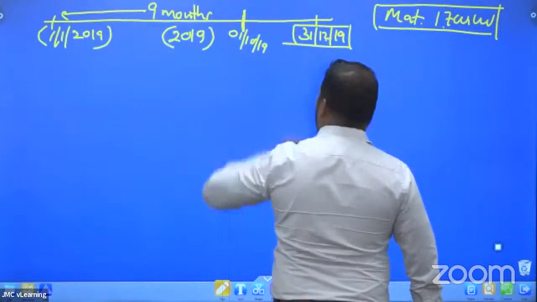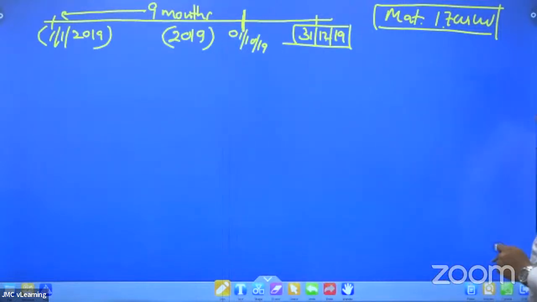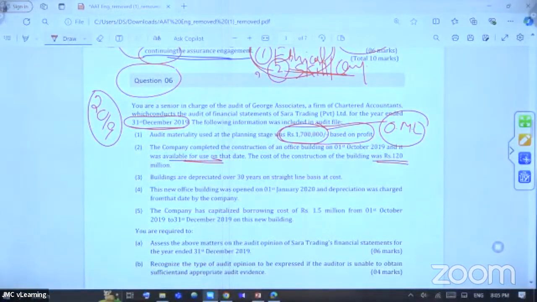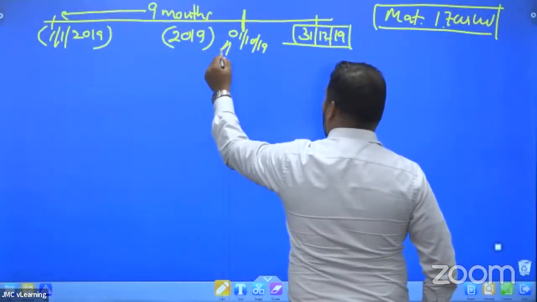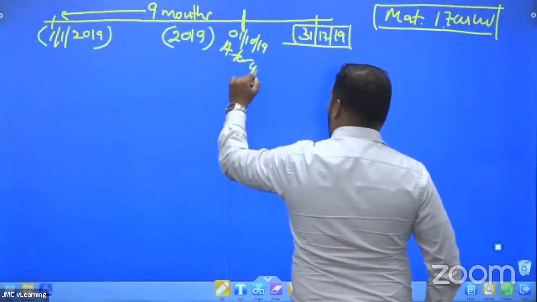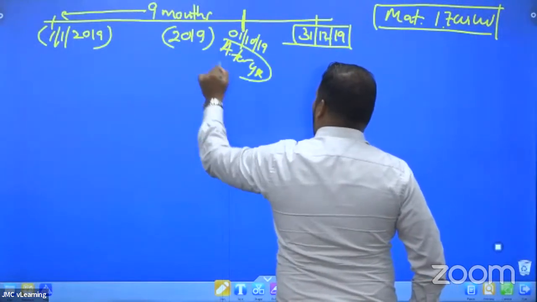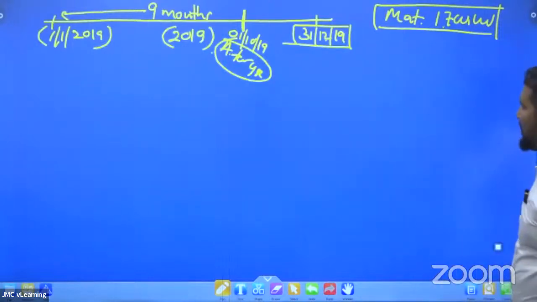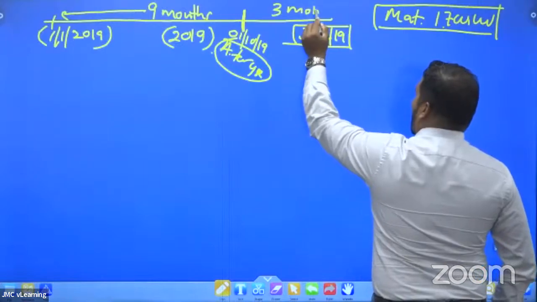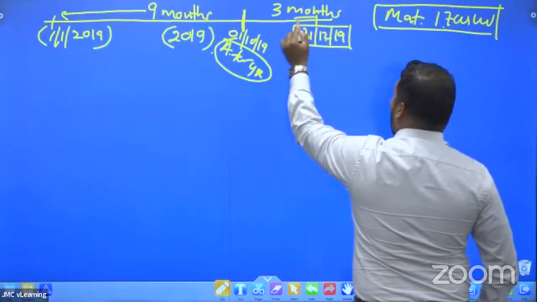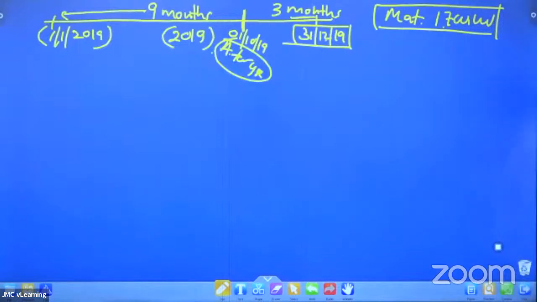They have completed the construction on 1st of October 2019, and that asset is available for use. What does that mean? It is available for use from 1st of October onwards. So in that context, for the remaining 3 months, this building should be depreciated.